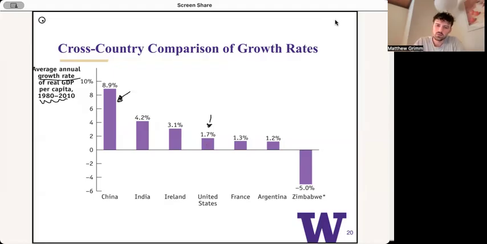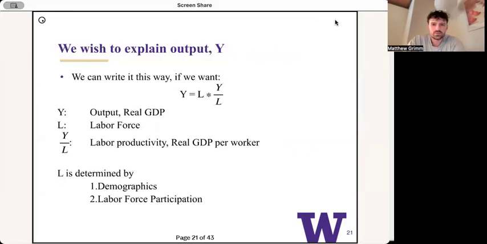And then we look at the lower ones like Argentina. They've had a bunch of struggles as of recently getting their inflation under control, which has caused their GDP to decrease recently, actually. And Zimbabwe also had a bunch of economic factors impact them, which means their growth rate has decreased.